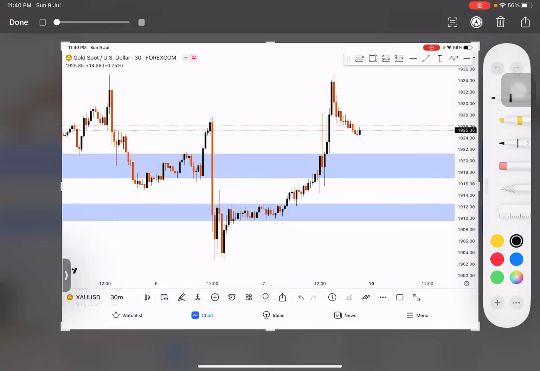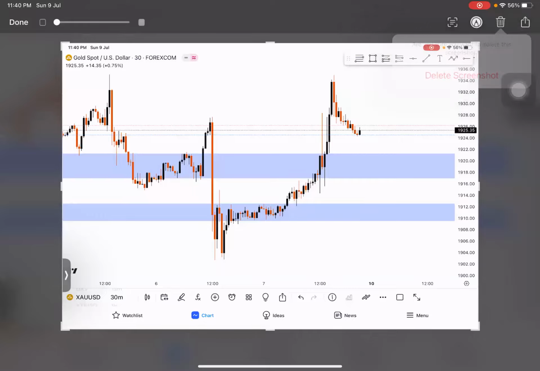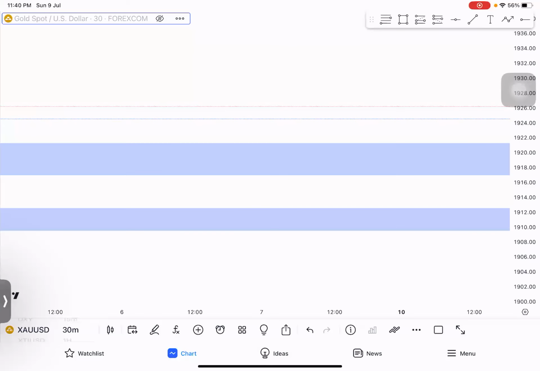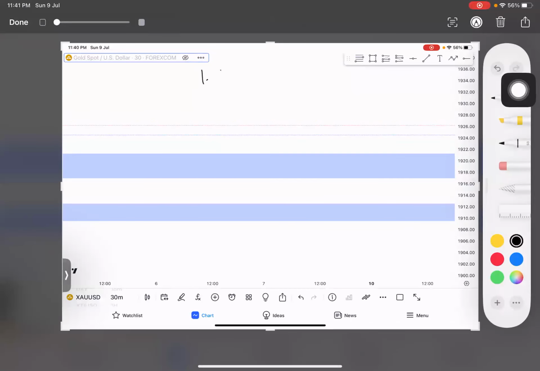There are three types of confirmation which I'm currently using. The first confirmation is the engulfing. The second confirmation is the rejection. The third confirmation is the break of structure.